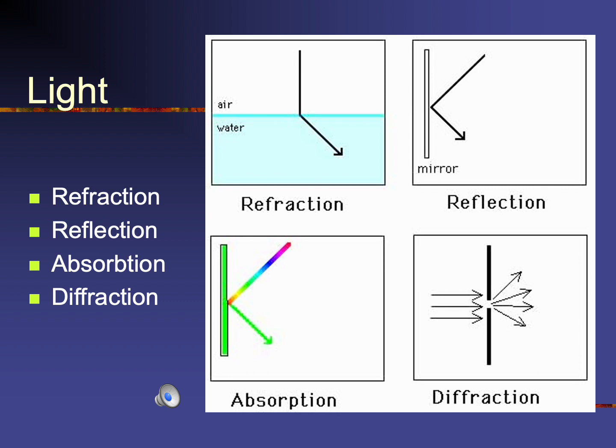You'll notice that the objects below the water appear differently than the objects do when they're above the water. And what happens is the water medium bends the light, and it bends it in a way differently than how it's been traveling in the air. And so this is called refraction. So as light goes through different media, it will refract. It will change direction based upon the medium that it's in.